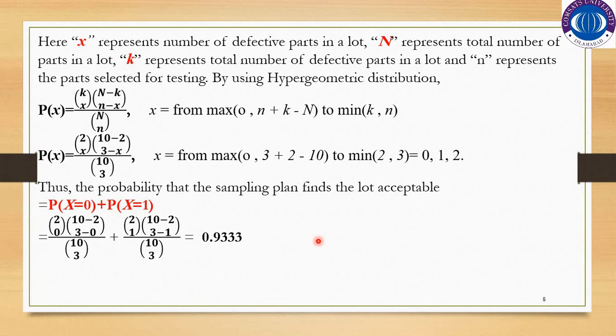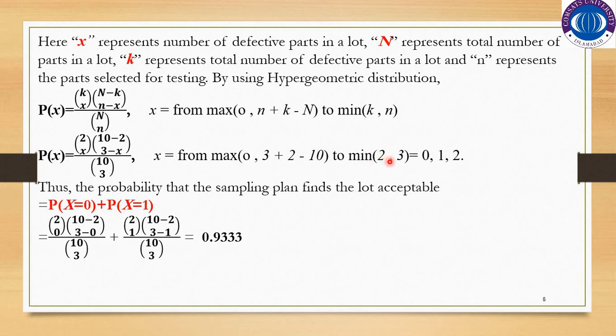So by applying the probability mass function of the hypergeometric distribution, which is P of x is equal to this, as x is equal to maximum of 0, n plus k minus N, to minimum of k and n. So this will be equal to, as n is 3, as they are testing only 3 parts, k is equal to 2, as there are only 2 defectives in the lot, and capital N is equal to 10.